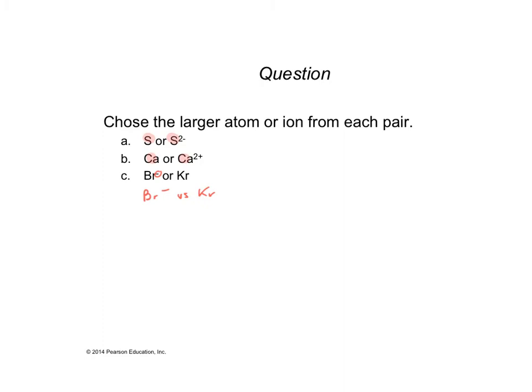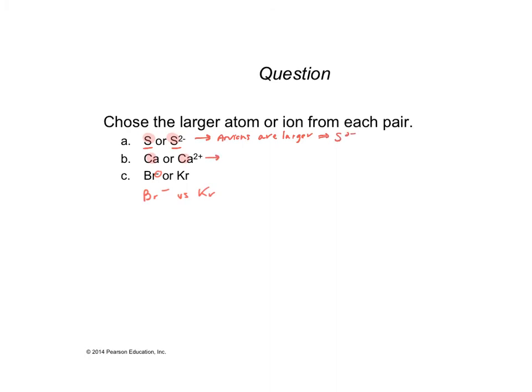Okay, so in answering this, all you're going to do is apply what you've hopefully just learned. For A, we've got a comparison between a neutral atom and an anion. We just learned that anions are larger than their corresponding neutral atoms. So the larger atom here would be sulfur 2 minus.